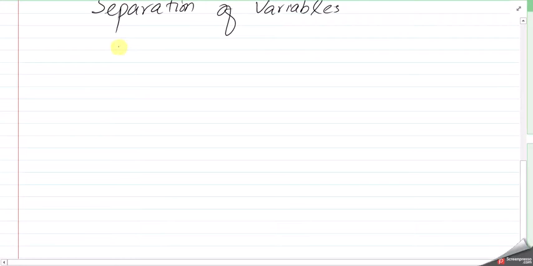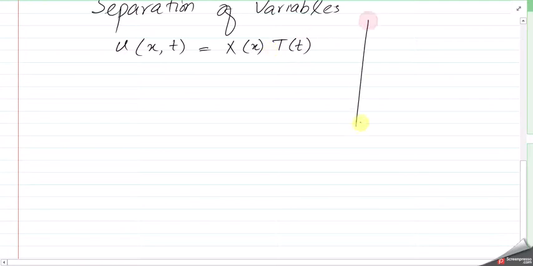First of all, we consider that our function u, which is a function of x and t, as two separate multiplied functions. Generally we use f and g for functions.